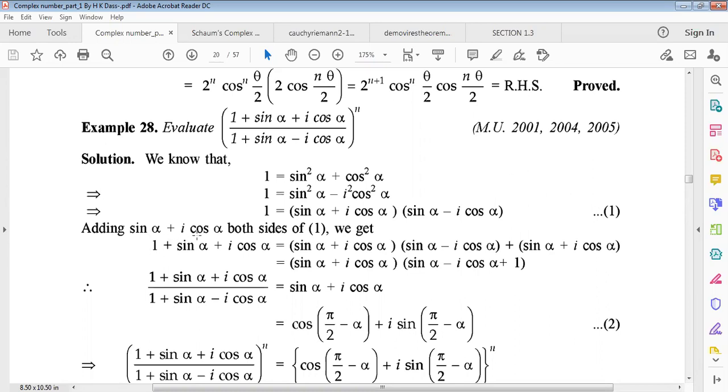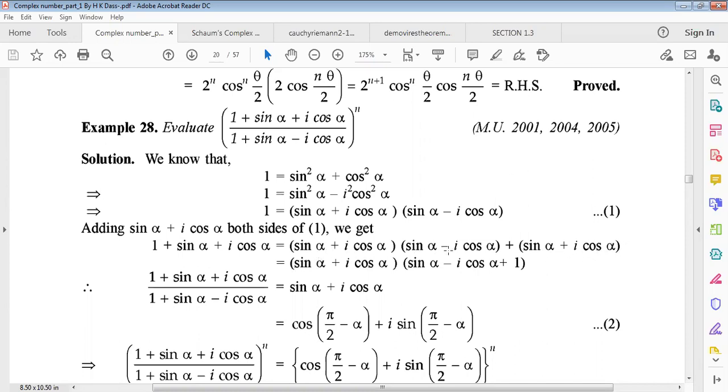Now adding sin alpha plus i cos alpha on both sides of equation 1, we get 1 plus sin alpha plus i sin alpha, and this whole plus sin alpha plus i cos alpha.